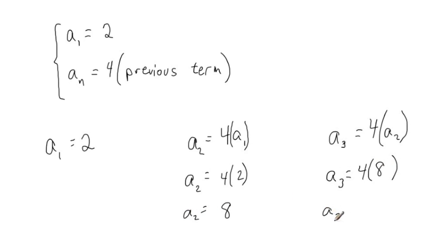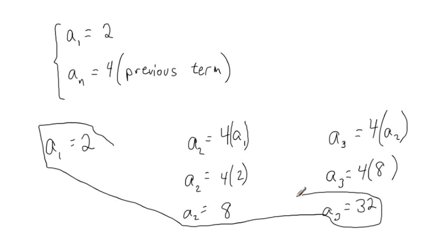So the third term is 4 times 8, which is 32. So here, if we were asked to find the first 3 terms of this sequence, we have done that. It's 2, 8, and 32. Like I said, in the next video we'll talk about the exact mathematical notation for noting recursive formulas.